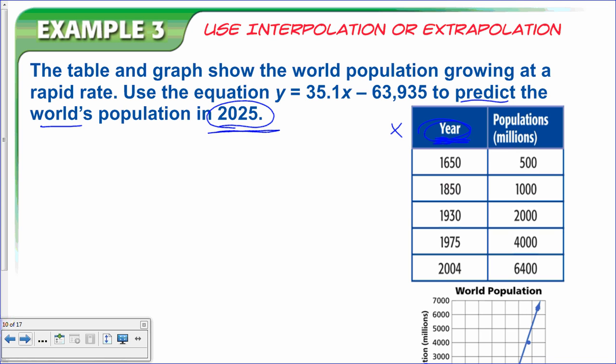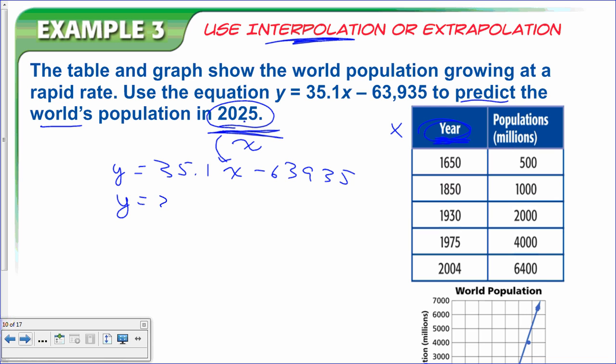So what is this going to be? X. So if I have my equation here, what can I do with this? Put it in there. Yeah, that's the interpolation.